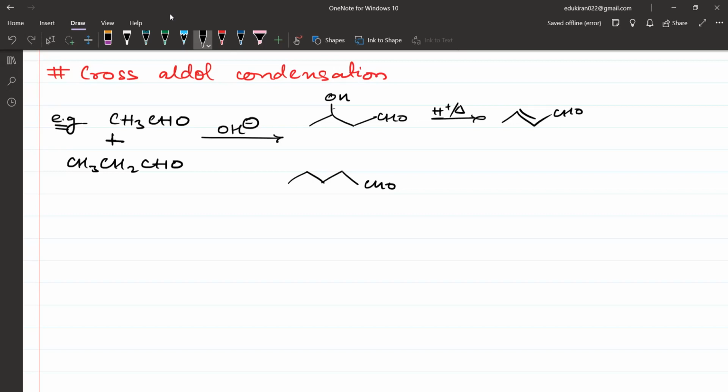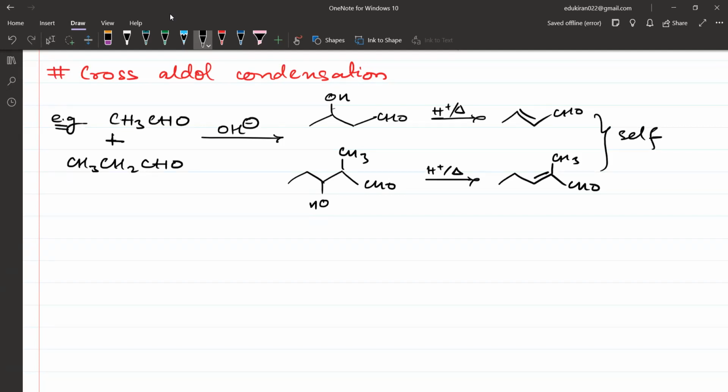Now in this case, this carbon atom will have a CH3. This carbon atom will have a OH. Okay, and then H plus and heat, you will be getting 1 2 3 4 5 CHO. This CH3 is as it is. There's a double bond between the alpha and beta carbon. Okay, so this is the product that you are going to get from self-aldol condensation.